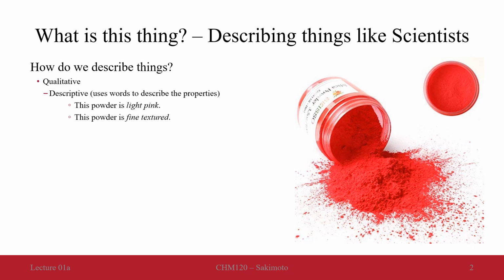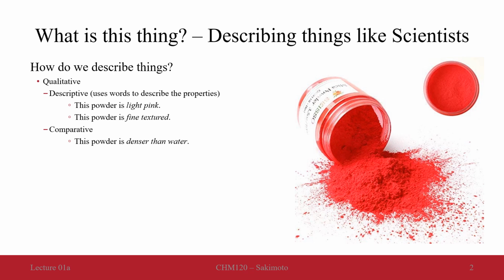Well, I think naturally many people would use a qualitative description. A description that is qualitative is one that might use words to describe a property. So you might say that this powder is colored light pink, or this powder is finely textured, with very many small particles. These are qualitative descriptions, which are important in chemistry, describing what things look like, how they behave.